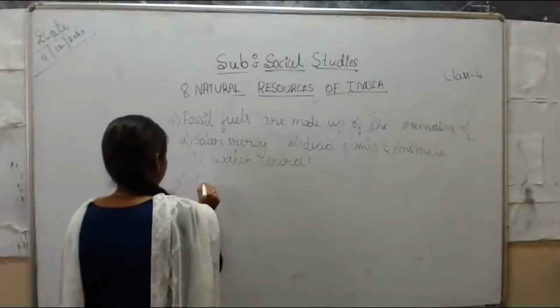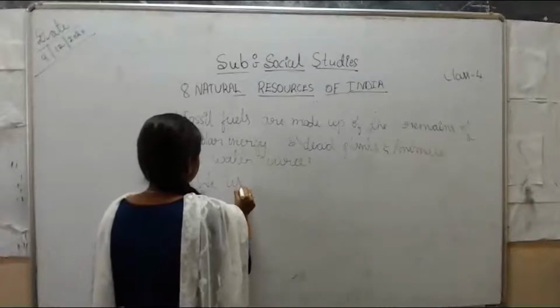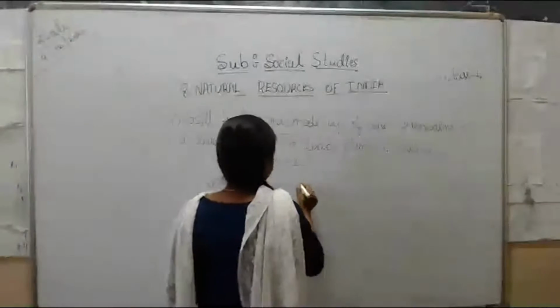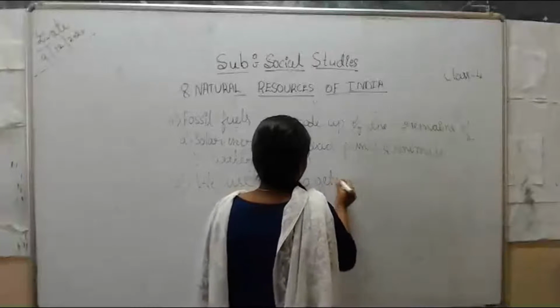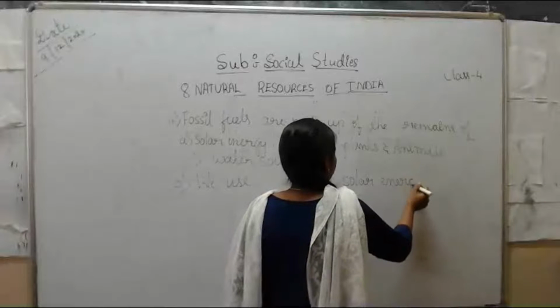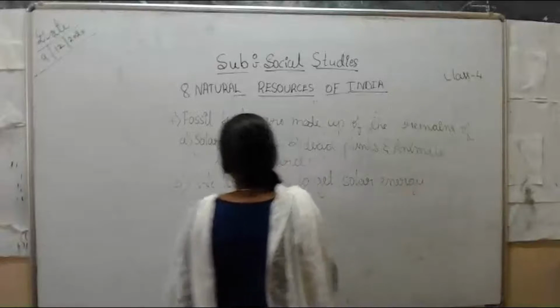Then the fifth question: we use dash to get solar energy. So what do we use to get solar energy?